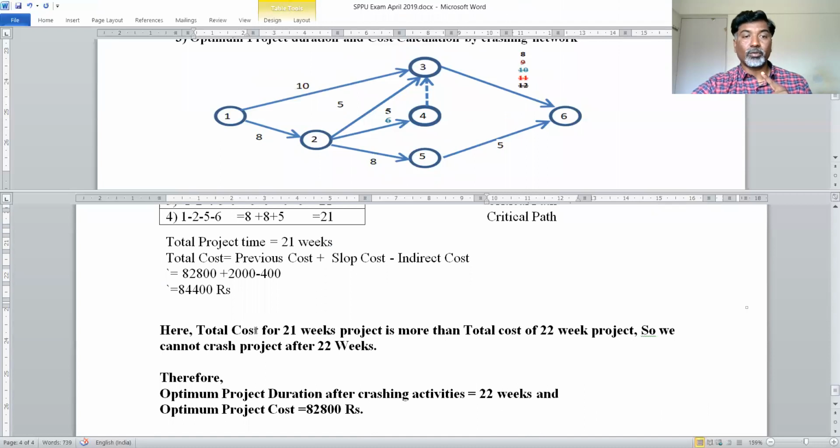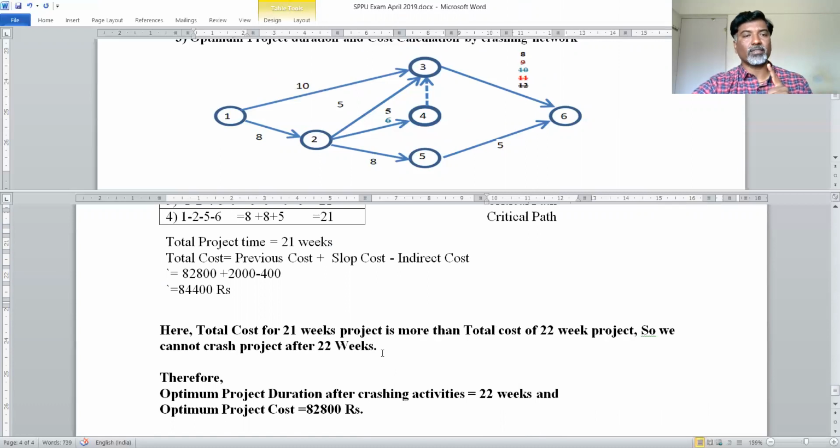So the cost for a 21-week project is more than the cost of a 22-week project. So we cannot crash the project after 22 weeks because the cost is increasing. After 22 weeks, if we keep crashing the activities, the cost increases. So it is not feasible for us.